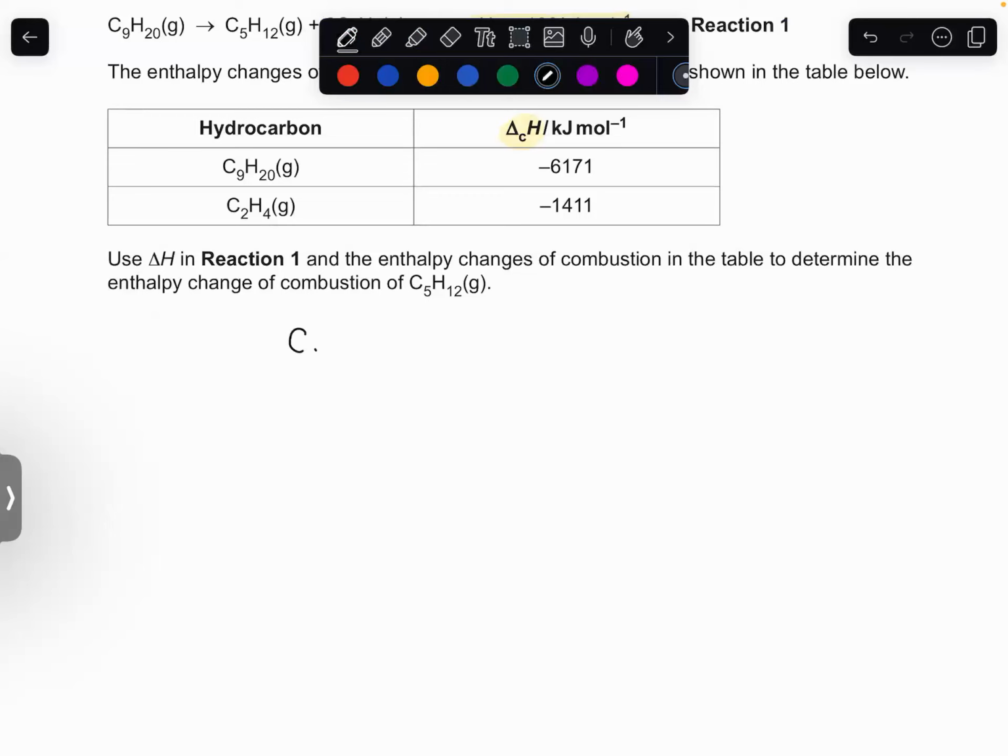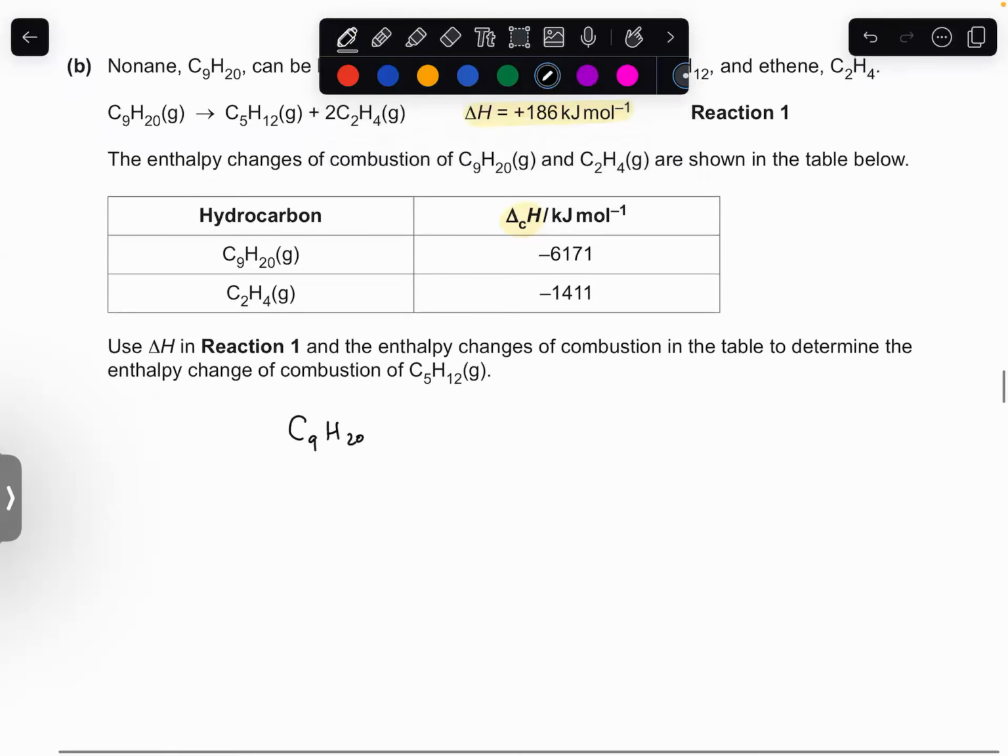So you've got C9H20. We know the enthalpy change of this. That's the enthalpy change of the reaction. Now, combustion is the enthalpy change.